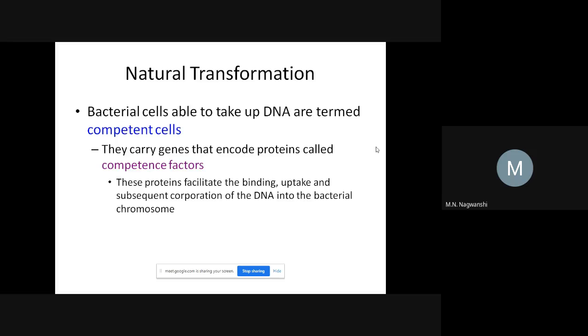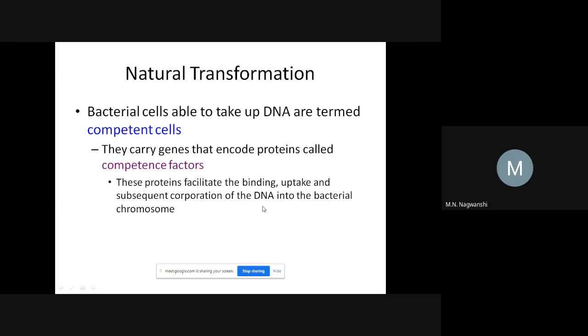So these protein molecules facilitate the binding of the foreign DNA material to the bacterial cell wall, uptake of the material through the cell wall, and subsequent incorporation of the DNA material into the bacterial chromosome.